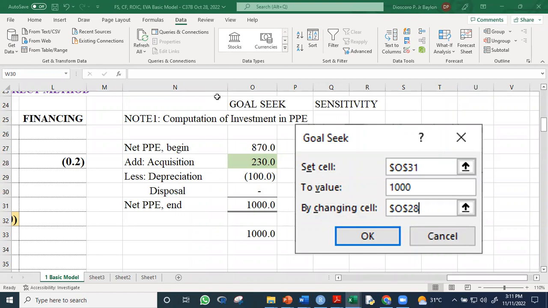For this one, it's very simple. In fact, the truth is we need not have used goal seek here because obviously the acquisition is 230. But just to increase your knowledge or acumen as far as Excel is concerned, I threw in this lesson about goal seek.